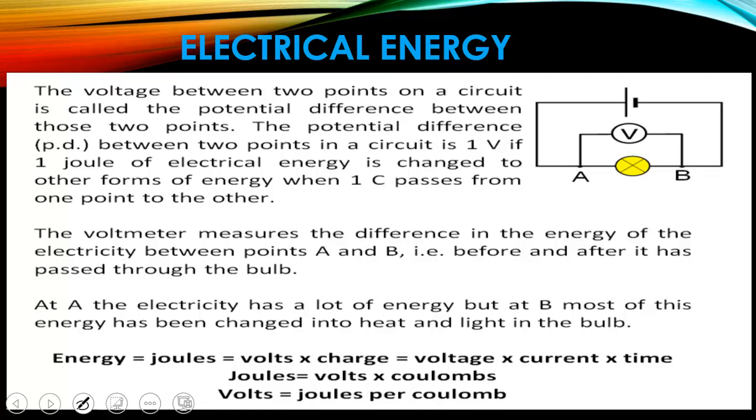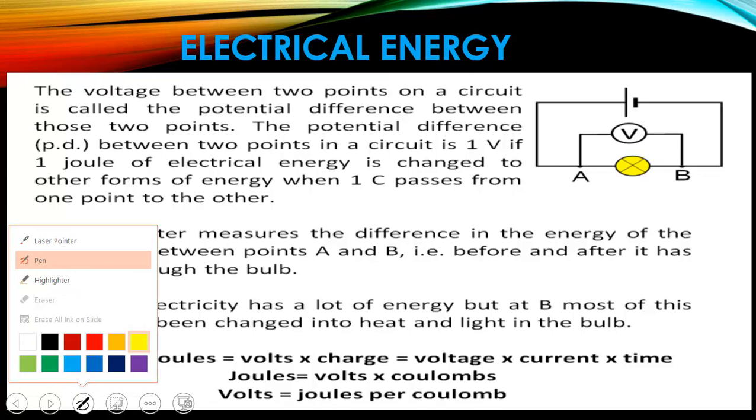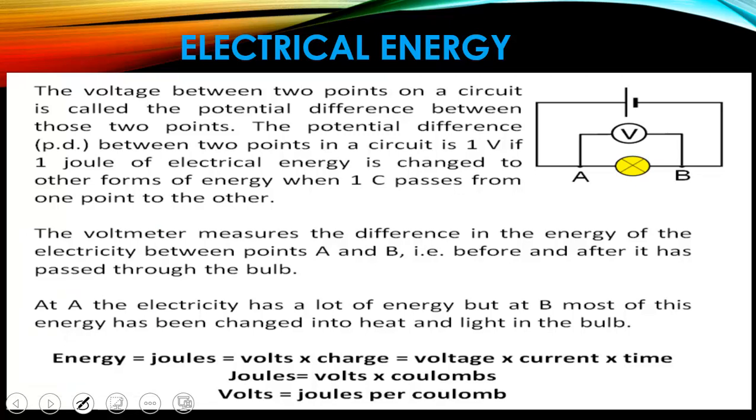I will explain it another way. If I have a conductor with point A and point B, point A has positive potential, higher potential. Point B has lower potential.